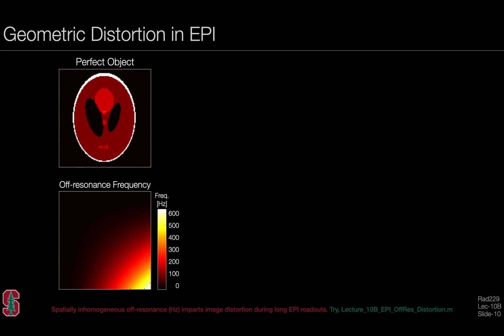So we can look at some simulations of this again. This is a perfect object. In the background, we assume we have some very nonlinear off-resonance frequency shift. And so it's relatively high in frequency here. It's off by, say, 600 hertz, and that's diminishing in some kind of quadratic way as we get to the other corner of K-space.